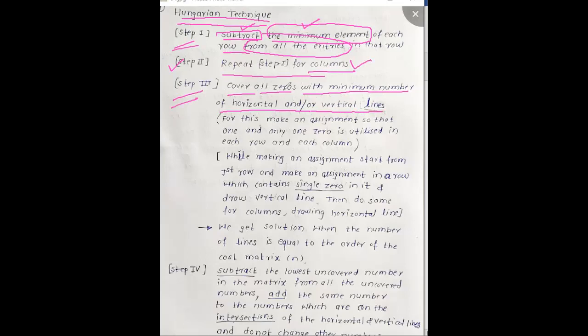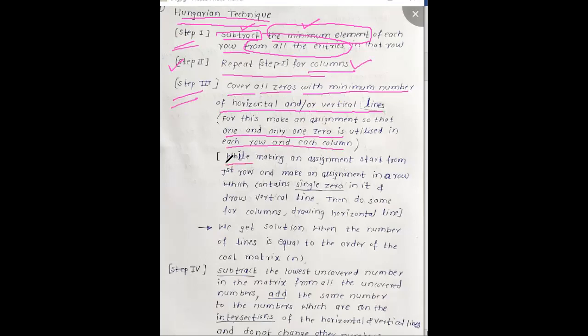We have to cover those zeros with the minimum number of horizontal and vertical lines. For this, make an assignment so that one and only one zero is utilized in each row and column. So in the cost matrix, we want one zero in each row and each column. That will give you the solution if this is the situation.